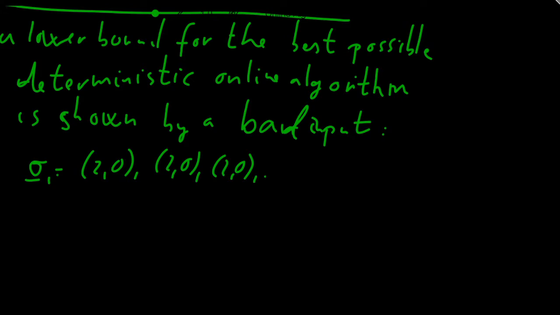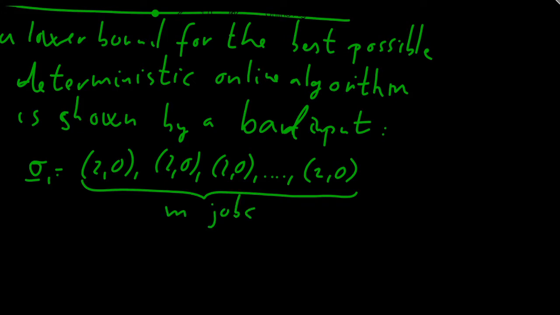A quite large number of jobs of size 2 arrive at the very first instant of time, so at time point 0. And okay, so how many jobs do we have? M jobs. Oh, yeah, that's fine.